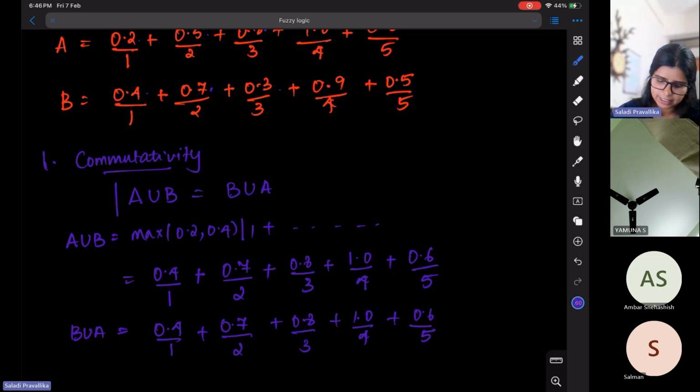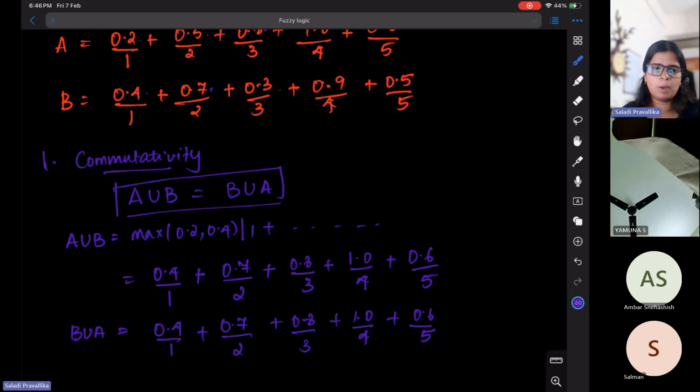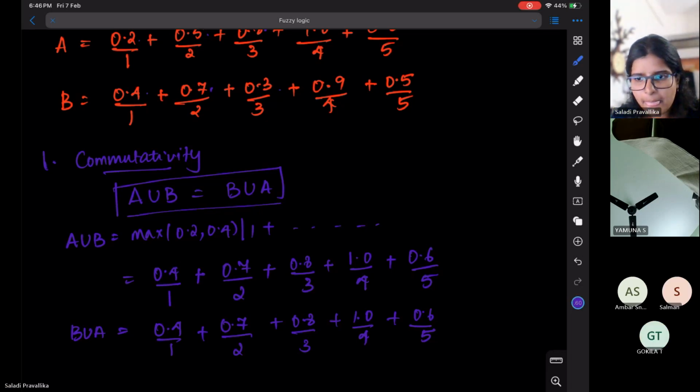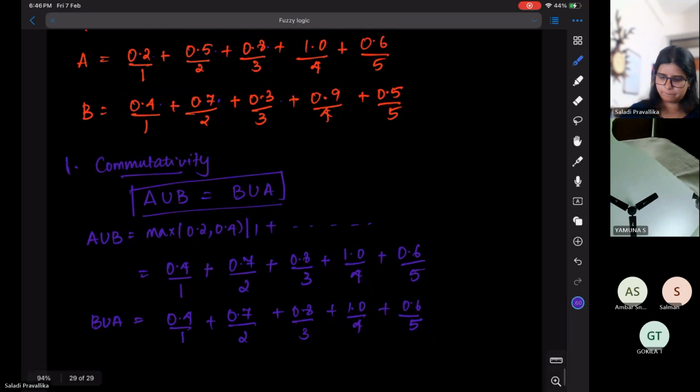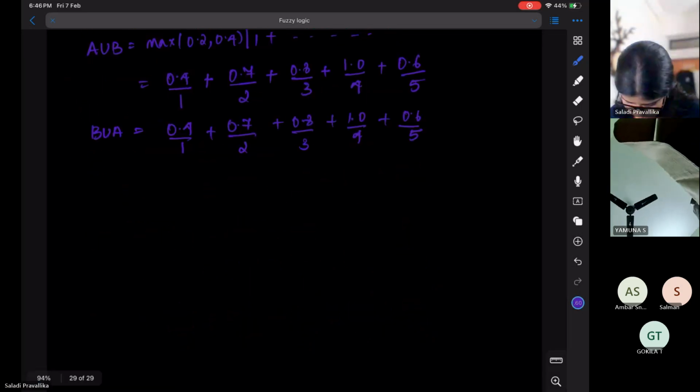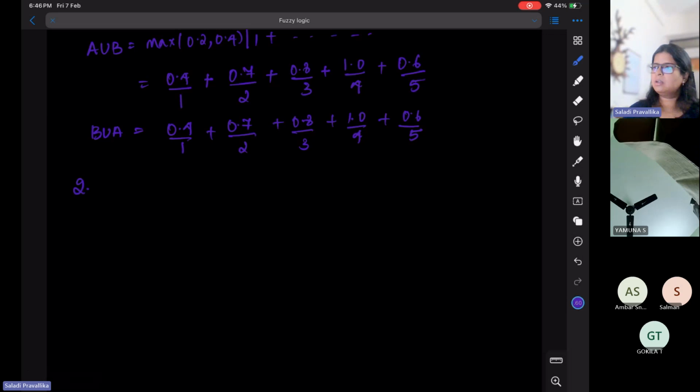So, which basically proves that a fuzzy set follows the property of commutativity. That is A union B is equal to B union A. Is it clear so far? Okay. Now let's go ahead with the other one.